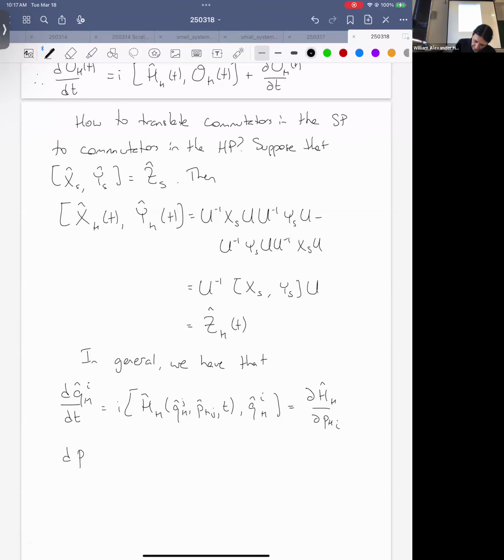And the momentum operator in the Heisenberg picture, its time evolution is the negative partial derivative of H in the Heisenberg picture with respect to Q_i.